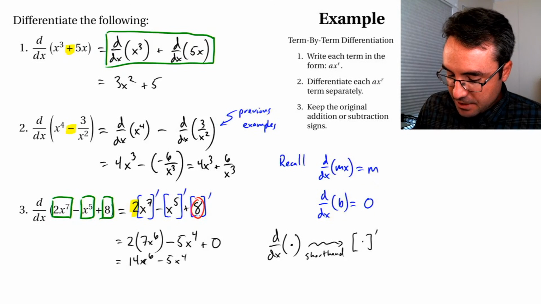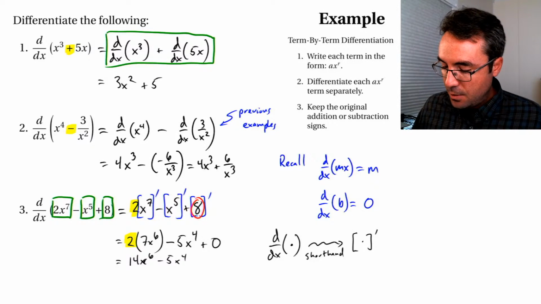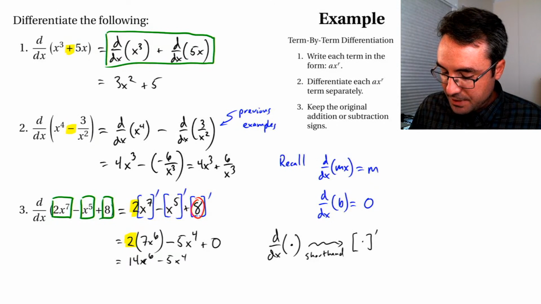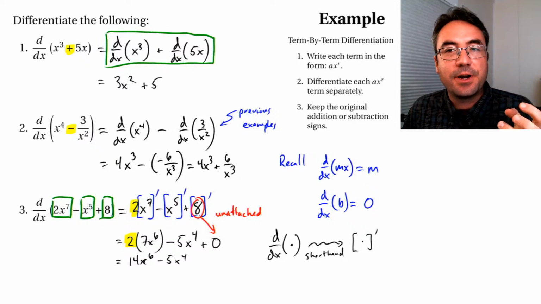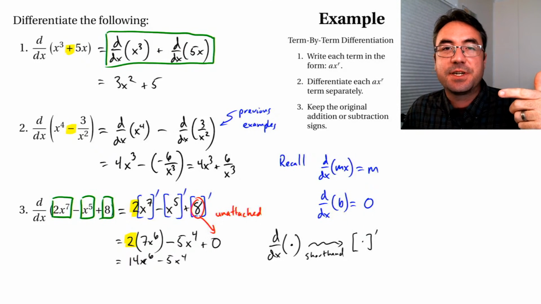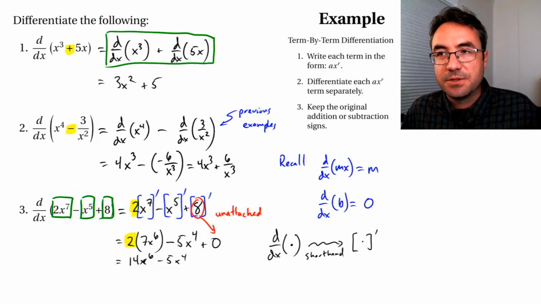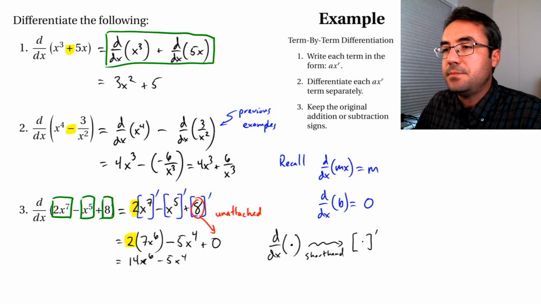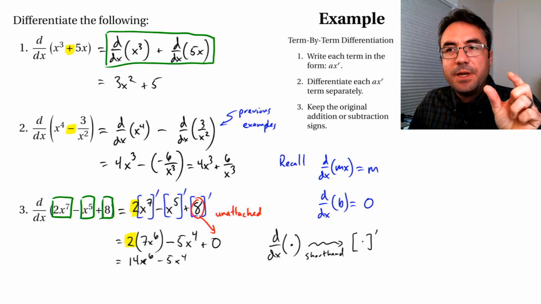When a constant term is attached to a variable, it survives and makes it through the derivative process. When a constant term is unattached, so it's not attached to a variable, when we do the derivative of just a constant by itself, the derivative makes it 0, kills it off. So just a little bit of a distinction there.